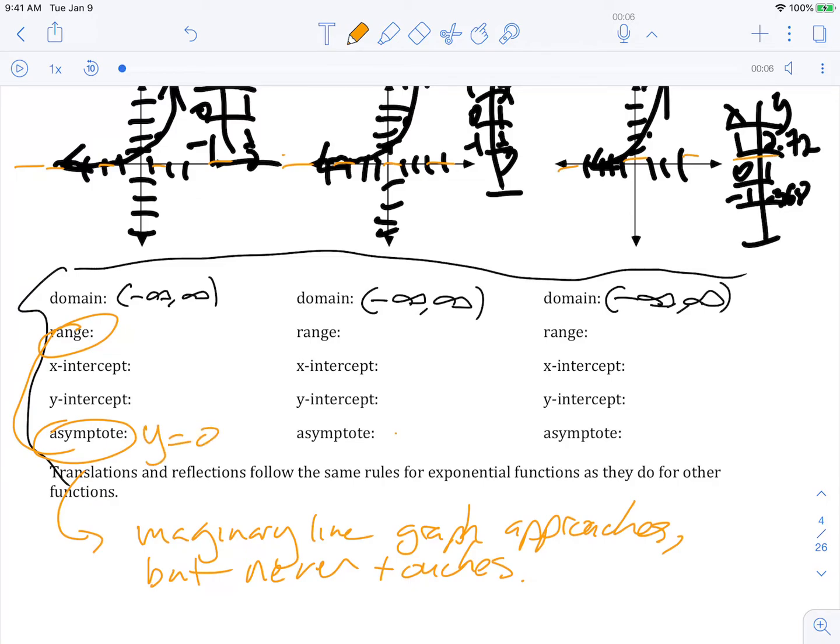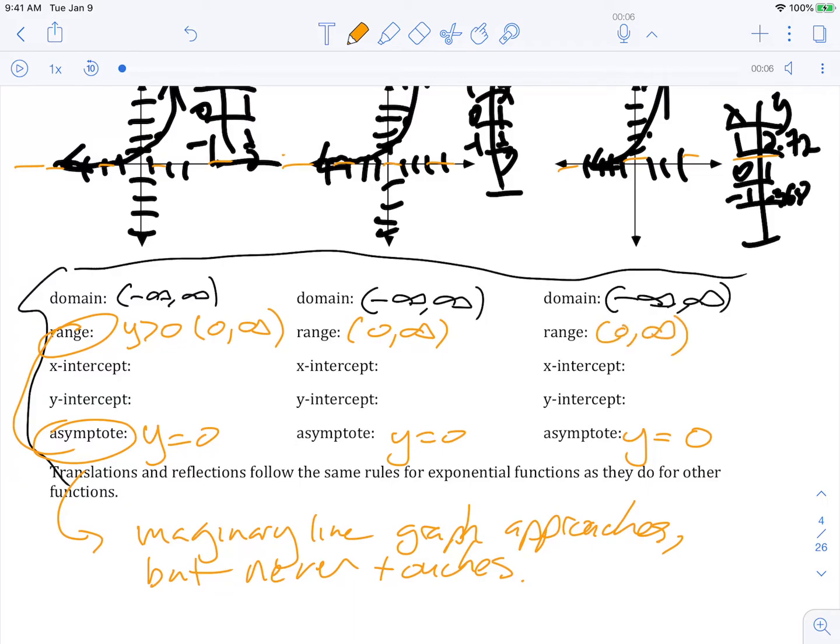And so what that's telling us is that these graphs are going to get really, really close to the x-axis, but never actually go below it. And in fact, if you think about what negative numbers do when they're exponents, they don't make things negative, they make them fractions or reciprocals. So our range here is going to be y is greater than 0, or if you were writing in interval notation, from 0 to infinity. And that's going to be the same for all of these.